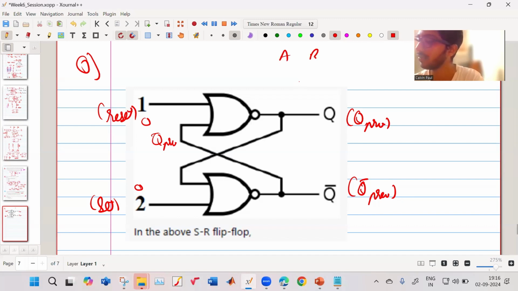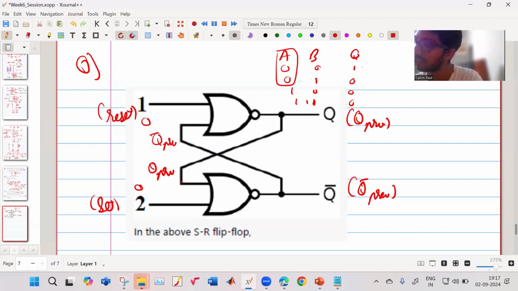What is a NOR gate? 0,0 is 1. 0,1 is 0. 1,0 is 0 and 1,1 is 0. Right? So in this condition, if B is 0, then my Q is 1. So if this is Q bar previous, this will be Q previous. And this also is 0, so this will become Q bar previous. So it is retaining the old value.